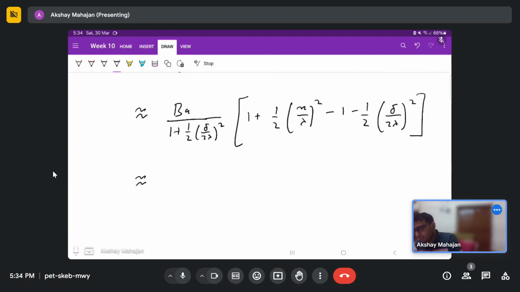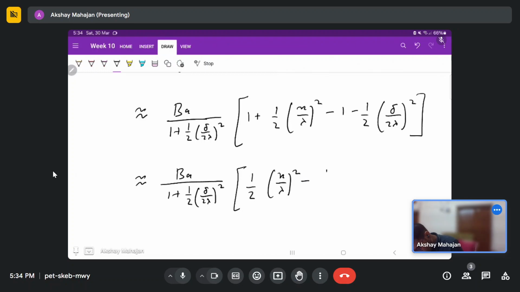So what we can write is Ba divided by half (δ/2λ) whole squared times [half (x/λ) whole squared minus 1/8 of (δ/λ) whole squared].